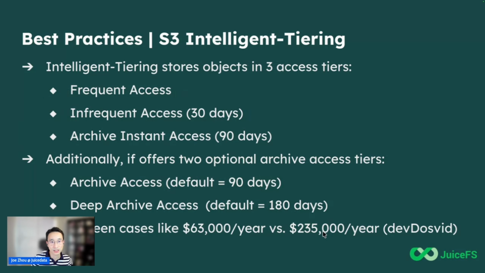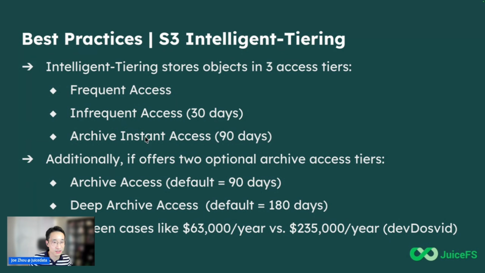And about intelligent tiering, let me just share a little bit more information. This is something that S3 offers. Under this storage class, it has very similar sub-tiers, right? Frequent access, infrequent access, archive instant access, archive access, deep archive access.